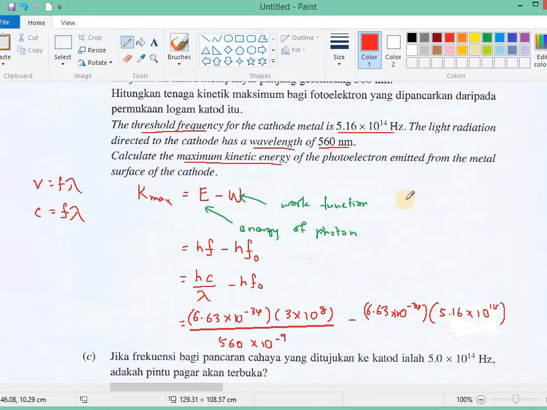Alright, so we will be able to get 1.31 times 10 power negative 20 joule. Okay, so this is the maximum kinetic energy of the photoelectron.